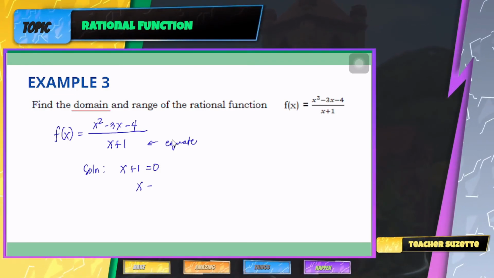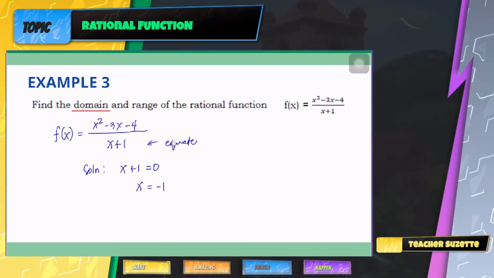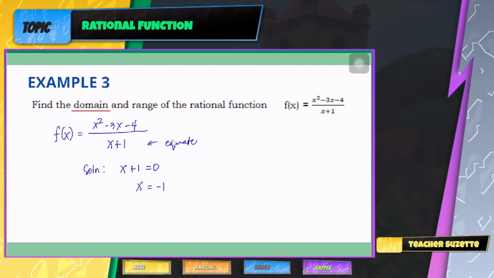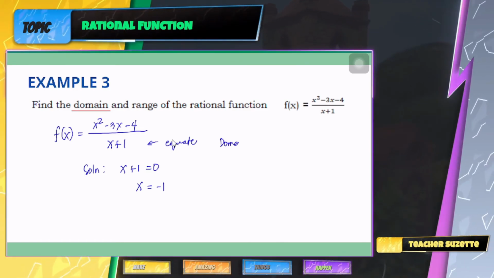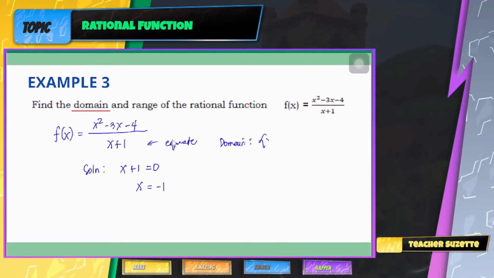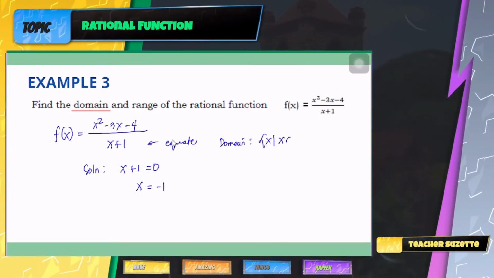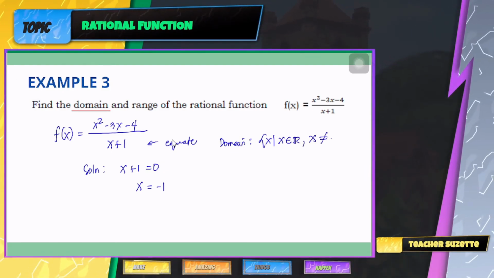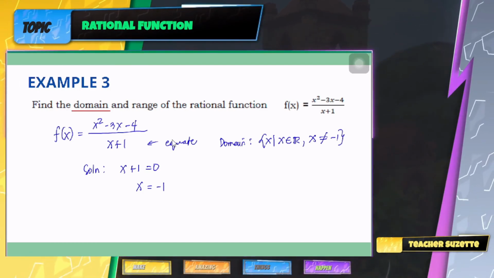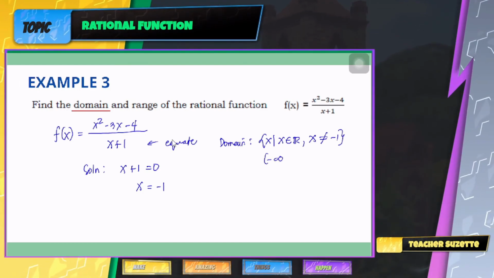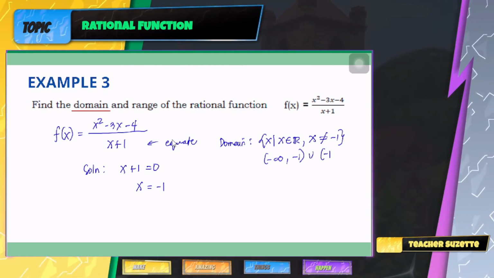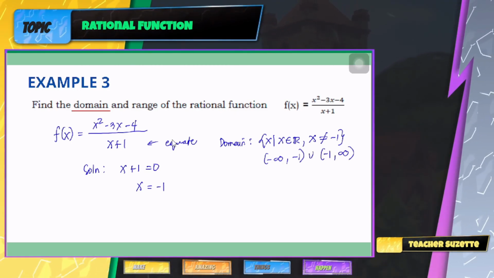So x should not be equal to negative 1 because it will make your denominator equal to 0. Therefore, our domain is x such that x is a real number wherein x is not equal to negative 1, or negative infinity, negative 1, union negative 1, positive infinity.